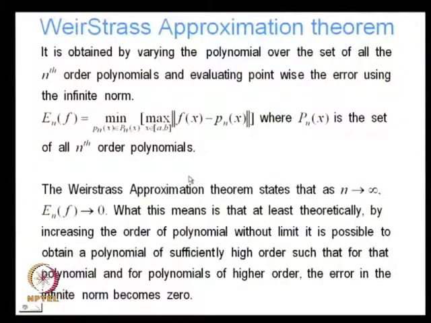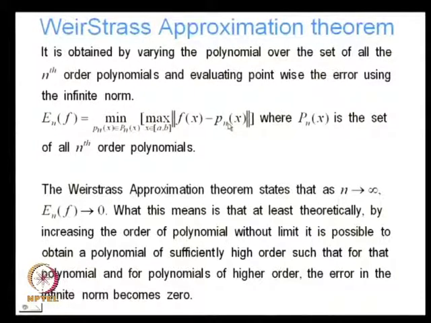What this means is that, at least theoretically, by increasing the order of polynomials without limit, it is possible to obtain a polynomial of sufficiently high order such that for that polynomial and for polynomials of higher order, the error in this norm becomes 0.